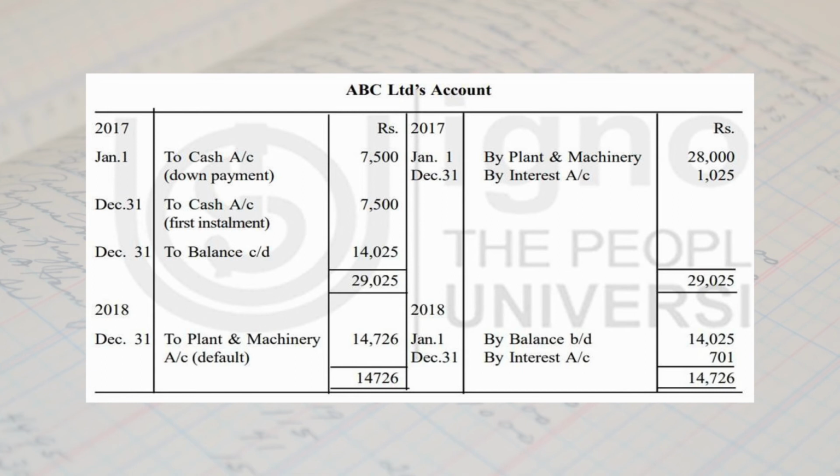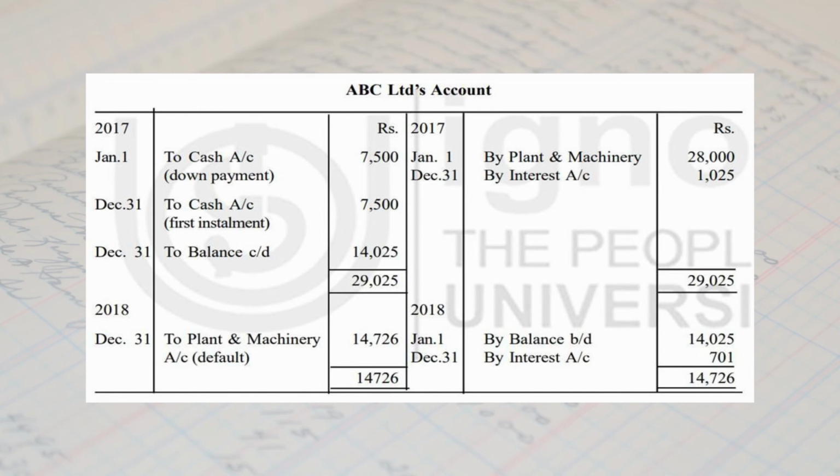14,726. Here the entry in the books of the hire purchaser would be ABC Limited account debit to plant and machine 14,726. This is the entry in case of default, where the hire purchaser could not make the payment. This is the balancing figure also, 14,726.